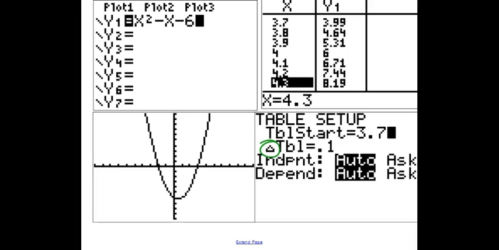Delta, which means change in. It's the Greek letter delta, D for difference, or the change in. So we're going to make the change in the table 0.1. And then go back to the table again, and you should see something like that at the top.